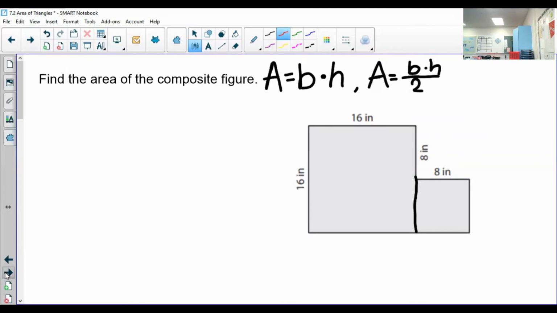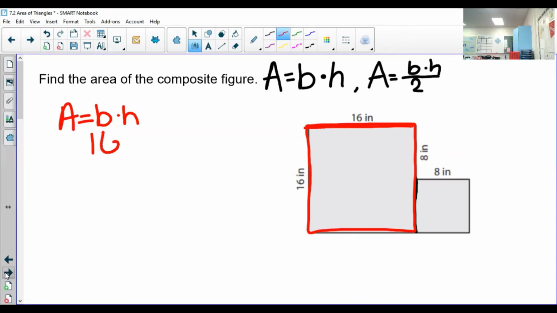What do we got? Our first rectangle I'm going to do in red. Okay? And I know the area of a rectangle is base times height. So my base here is 16. Even though it's at the top, my base is still 16. Times my height, which is right here, 16. Okay? So what is 16 times 16? 256.